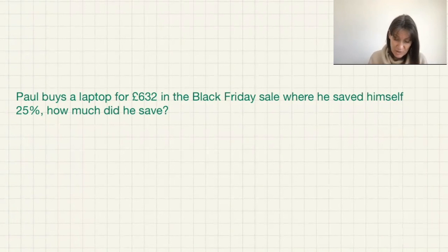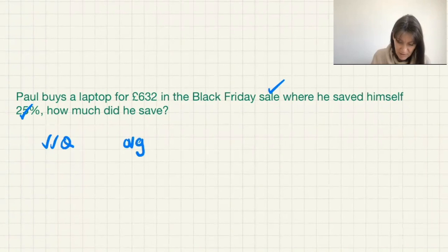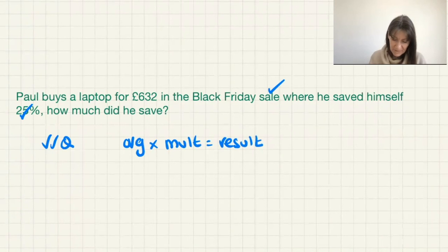Okay, so we're talking about a sale, so there's definitely a decrease that must have happened. I've got the percentage as well. So it's a 2-tick question. So we're into original times multiplier equals the result. So I don't know the original. He buys a laptop in the sale and he saved 25%.